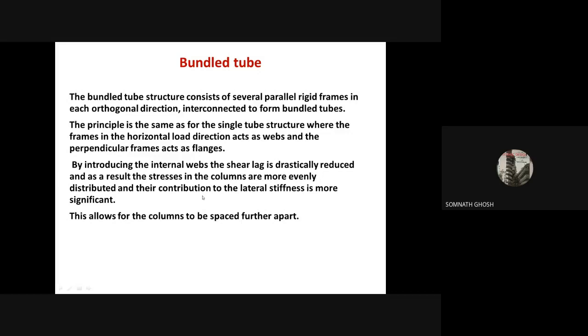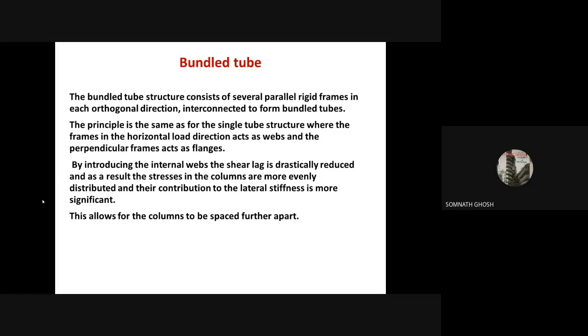And also, if you do it this way, then the problem of shear lag, that means the stress in the internal column and the stress in the outer column being different, you will drastically reduce. As a result, the stresses in columns are more or less evenly distributed, and their contribution to lateral stiffness is more significant.